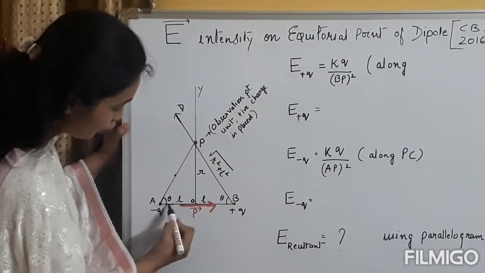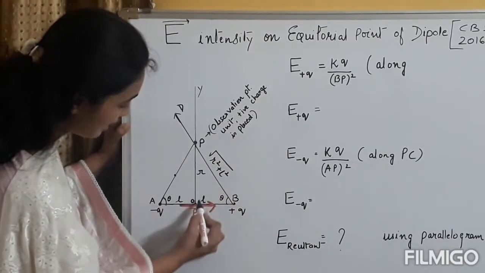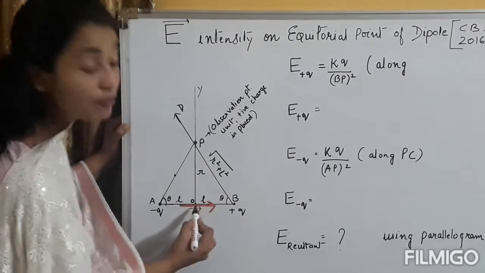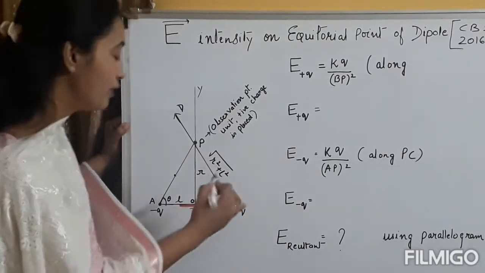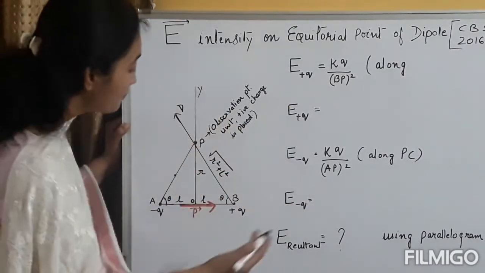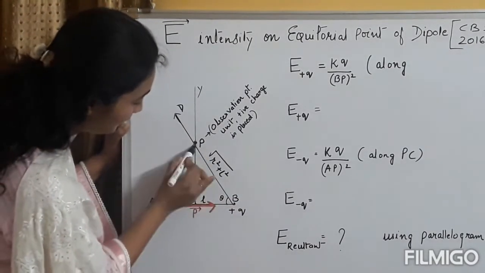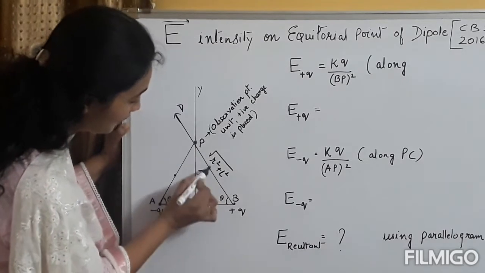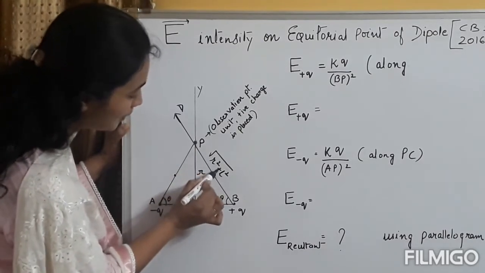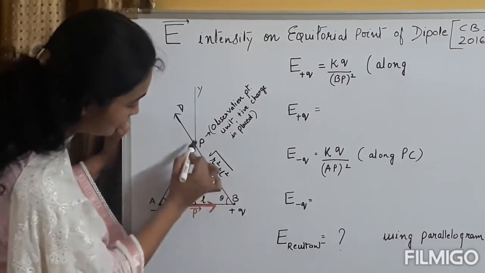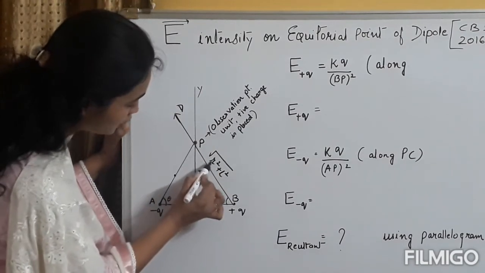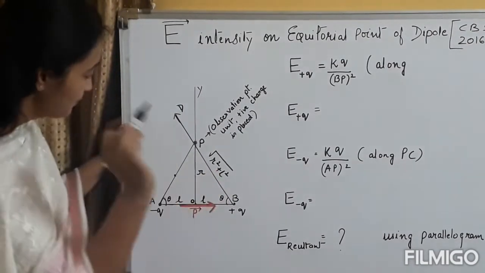This distance, as I told you, is L, this is again L, this is R, the distance of the observation point from the center of the dipole. We have taken the same things in the previous derivation also. Now automatically this length PB becomes under root R square plus L square. This is a right angle triangle, so this becomes R square plus L square.